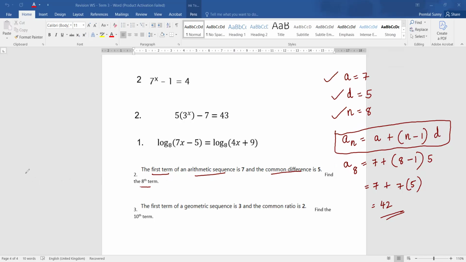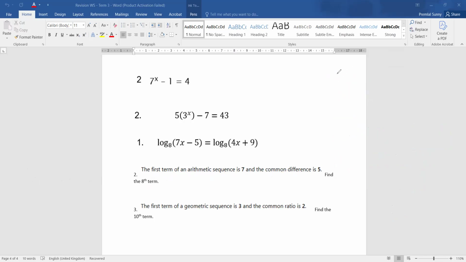That's all. Now, the last question in this worksheet. The first term of a geometric sequence is 3. The common ratio is given as 2. Find the 10th term. So n is 10. Same as the previous, but this is a geometric sequence. You know the formula, nth term is a times r to the power of n minus 1.